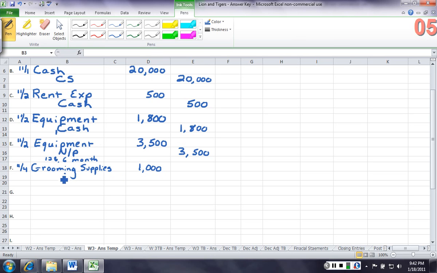I'm going to credit cash for $500, and this is a compound entry. I also have to credit accounts payable, the Dog and Pony, for $500 to make it balance. Now you could have put accounts payable first or second, as long as your debits are listed first and your credits are listed second.